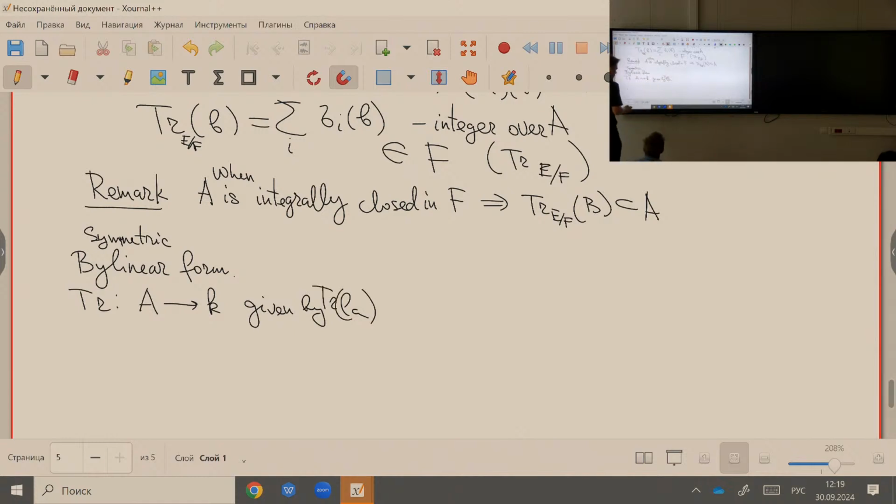Yeah, so we can define the bilinear form.